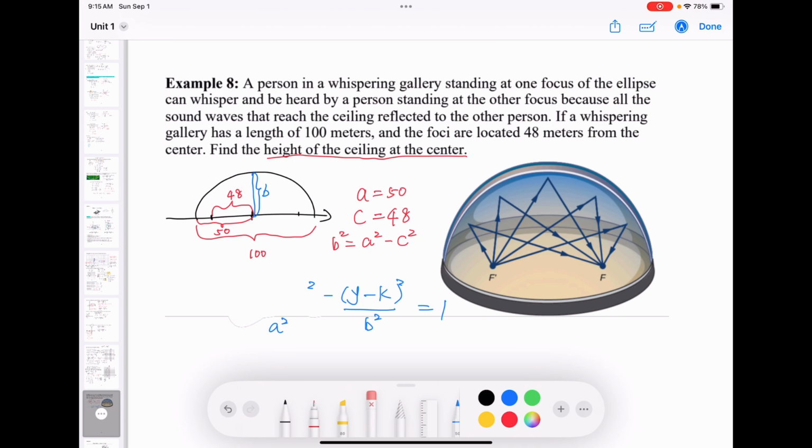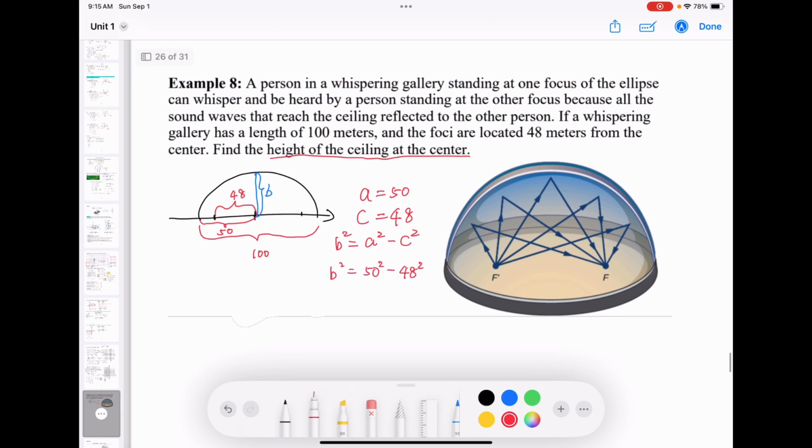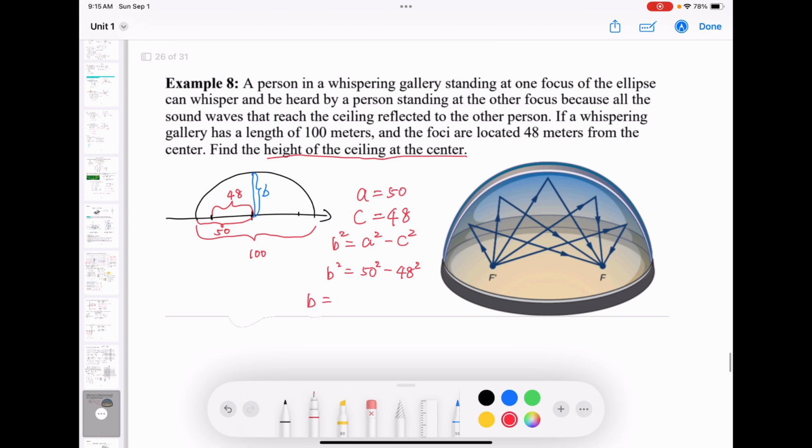I just find the b value, or the height of the gallery. So b squared is equal to 50 squared minus 48 squared, and take the square root of both sides. b is equal to the square root of 50 squared minus 48 squared. We can use our calculator to find our solution.